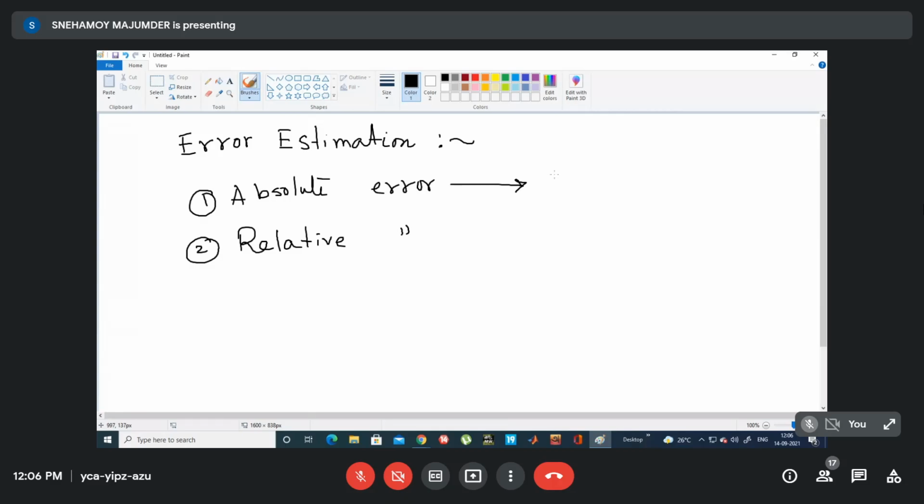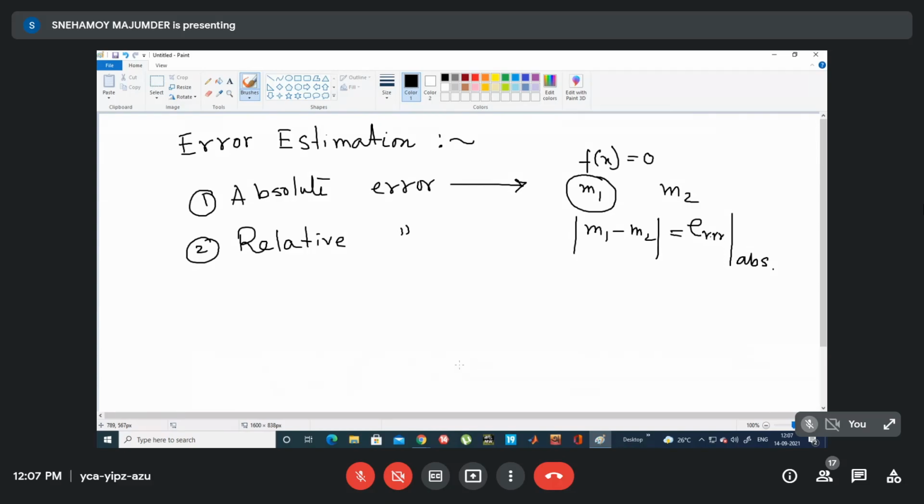Say for example, I first explain this one. Say M1, say f(x) equal to 0. One of the solutions is M1. M1 is the right solution theoretically, but numerically I got M2. So my error is M1 minus M2, and I take the absolute, and this I call error in absolute term.